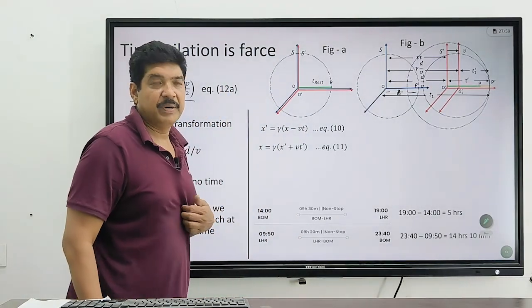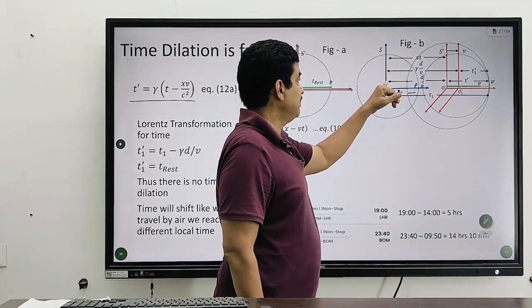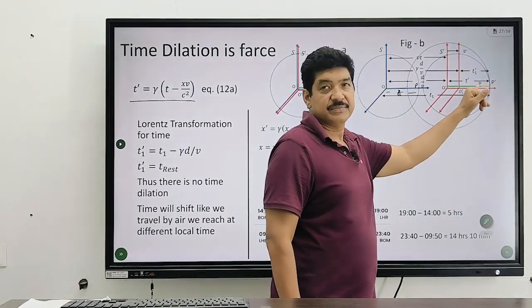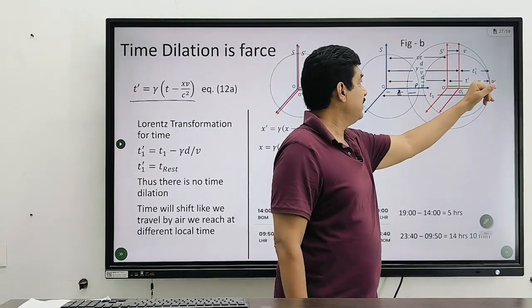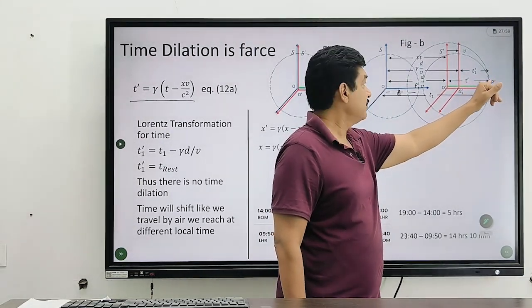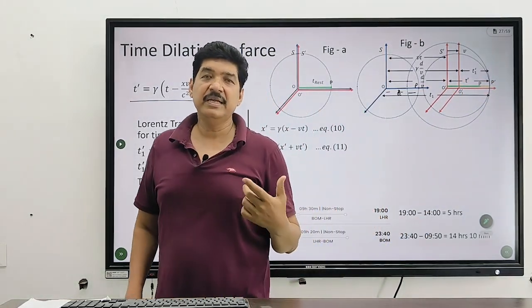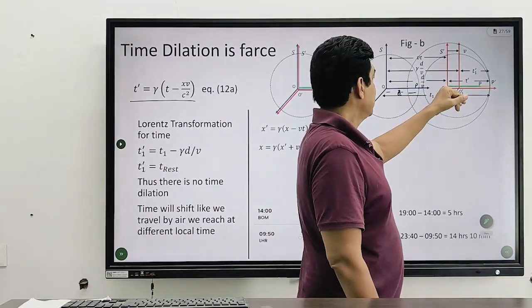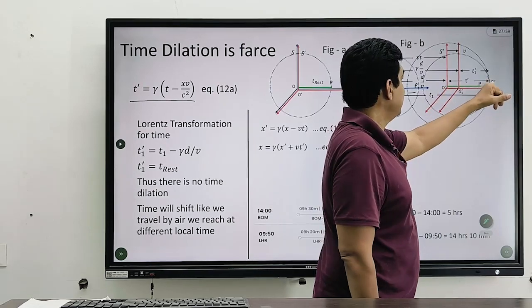But when the observer from this frame of reference finds that this light has reached from P to P dash, there will be an increase in the time duration, because this observer will check here and here.